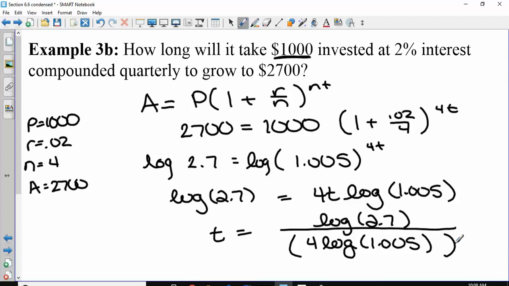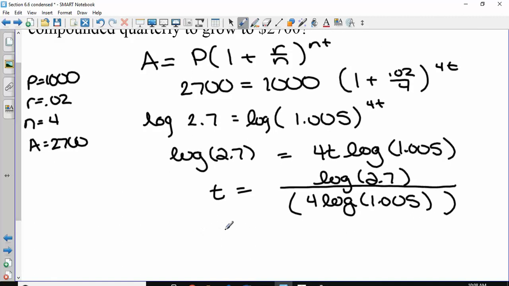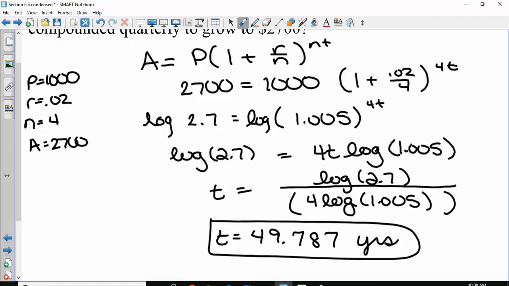And you'll need an extra set of parentheses around that denominator. So we get 49.787 years for the ton.